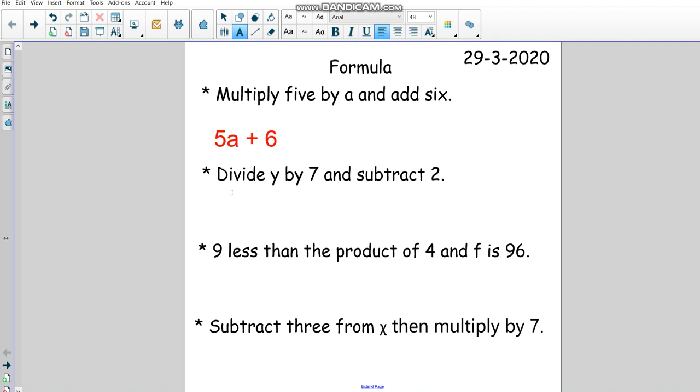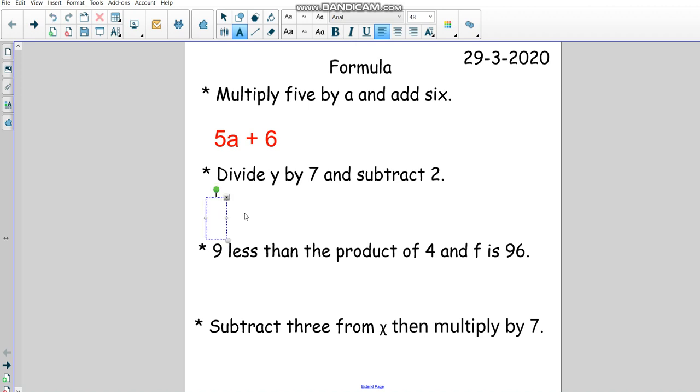Second example: divide y by 7 and subtract 2. Again, two operations, divide and subtract. To divide y by 7 and subtract 2, of course I'm starting with the division as it's stronger than subtraction, so I don't mind adding the brackets.